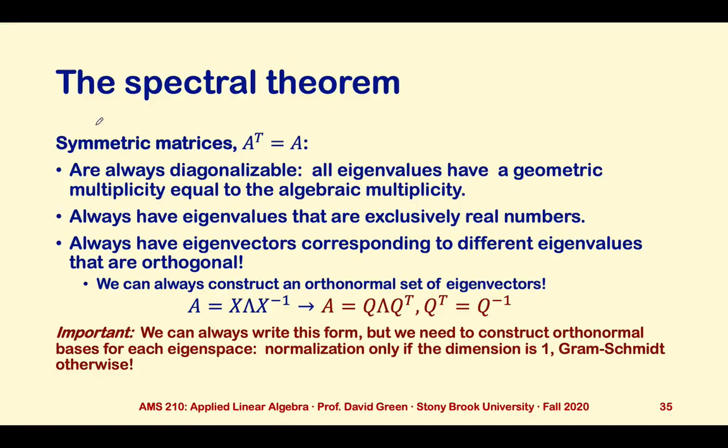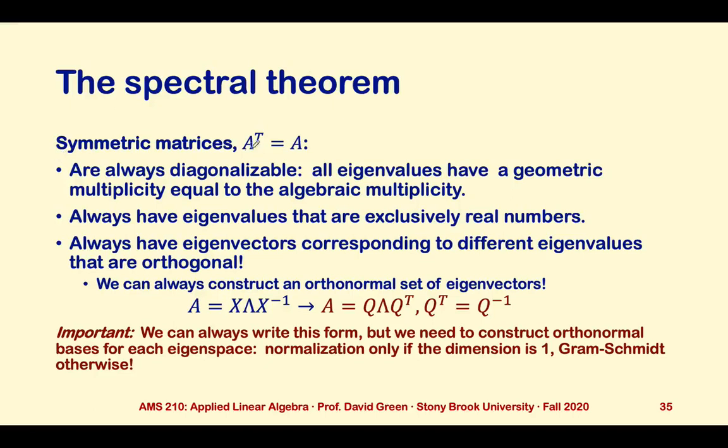But not all matrices are diagonalizable. Some matrices have an incomplete set of linearly independent eigenvectors. Some matrices are diagonalizable but have complex numbers, which makes things messy.